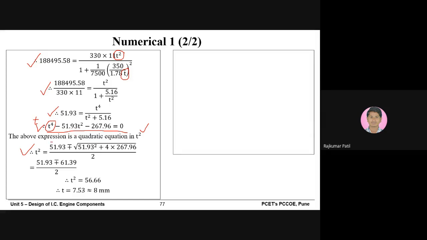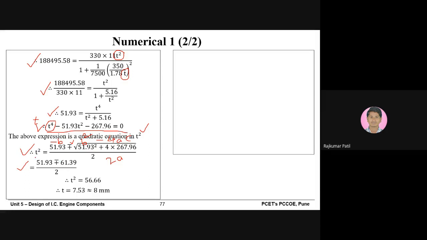The formula is basically minus B plus minus square root of B square minus 4AC upon 2A. This is the formula for solving the quadratic equation.